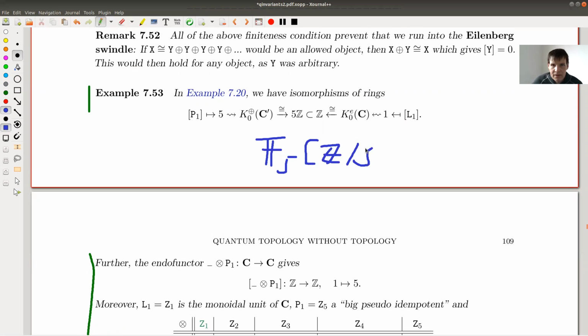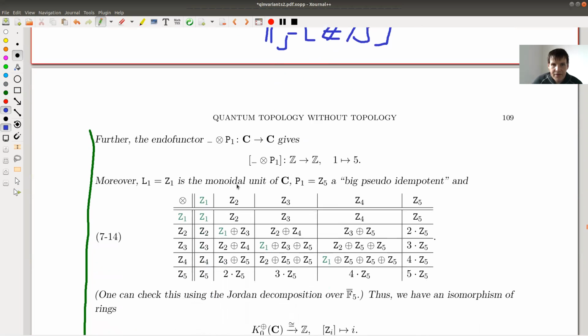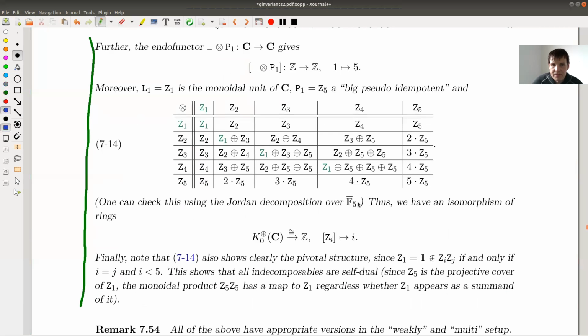Remember, in this case I had five indecomposables, and here's the multiplicative structure of those five indecomposables, and this nails down the structure of the Grothendieck algebra. These are the structure constants of K0.